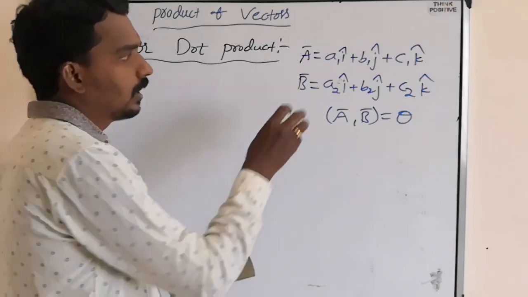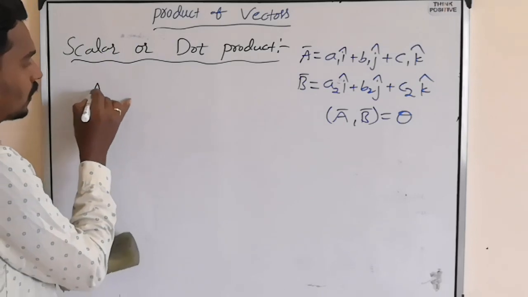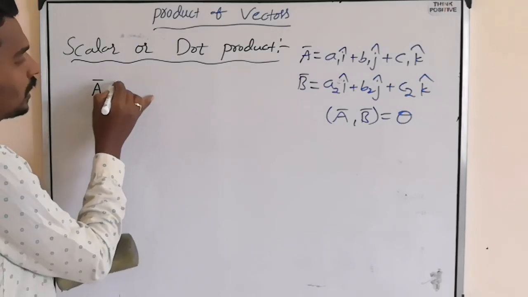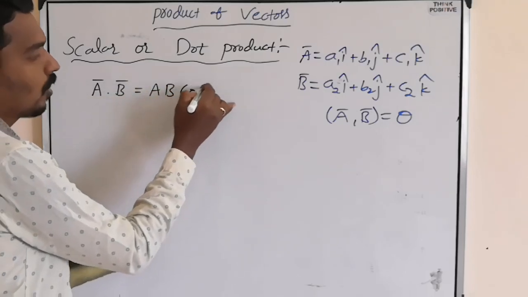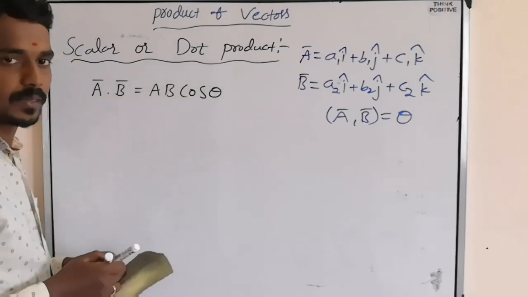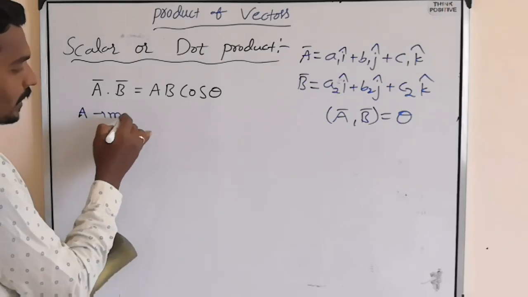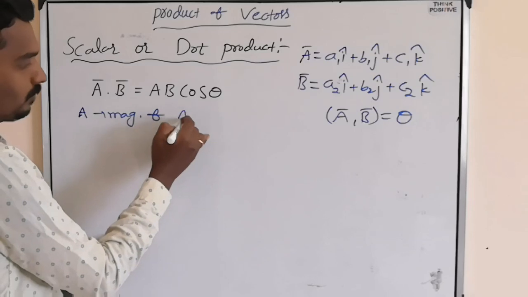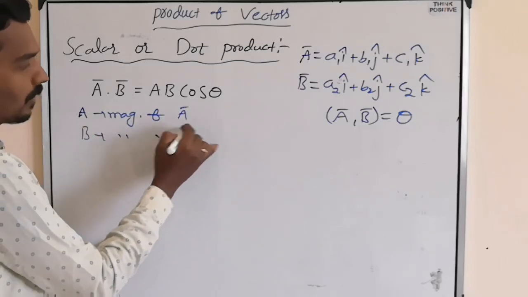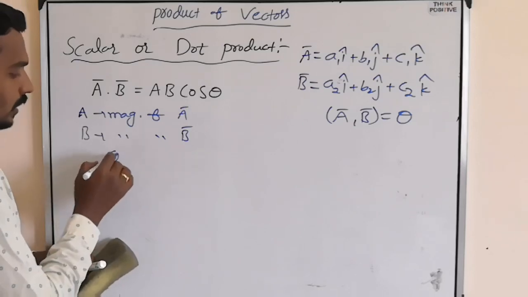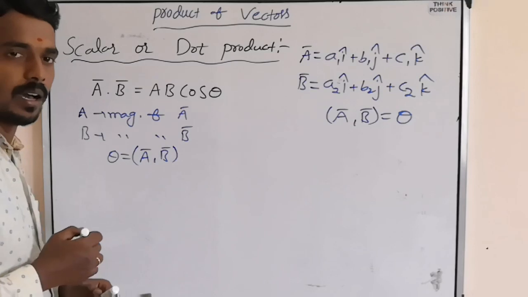Then here we will write that a bar dot b bar equals ab cos theta, where a is the magnitude of a bar, b is the magnitude of b bar, and theta is the angle between a bar and b bar.